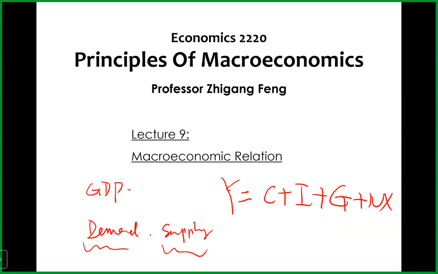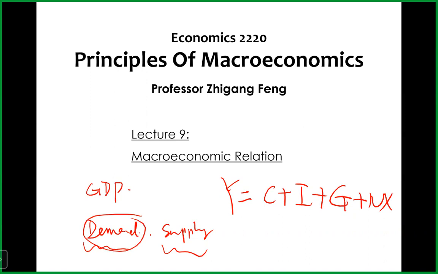Because this equation is one of the three approaches to understand GDP, and it focuses on the expenditure approach. And expenditure is spending, and spending is just demand, right? So that's where we start. In this chapter and the next chapter, we are going to focus on demand.